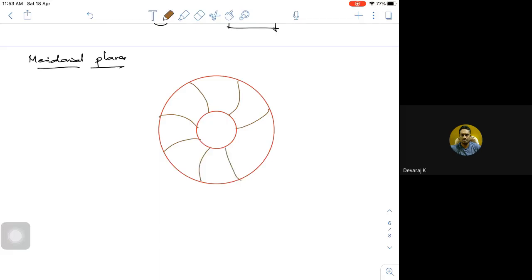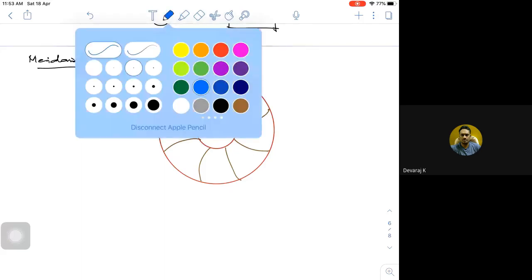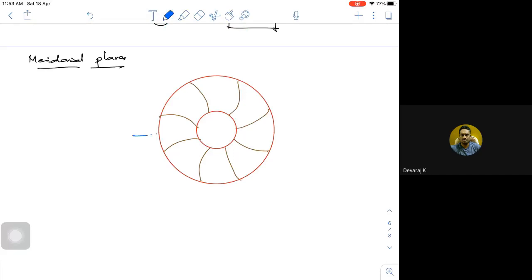It's not simply a triangle drawn to show that. And I do have the axis. Now suppose this is the axis of your machine, and I want to draw the velocity triangle.